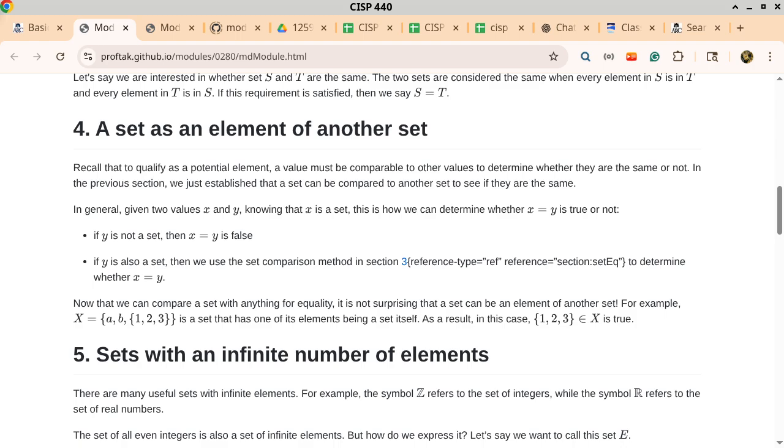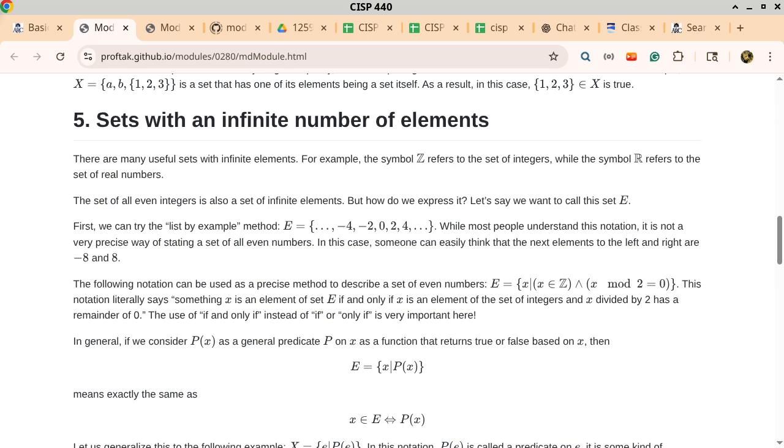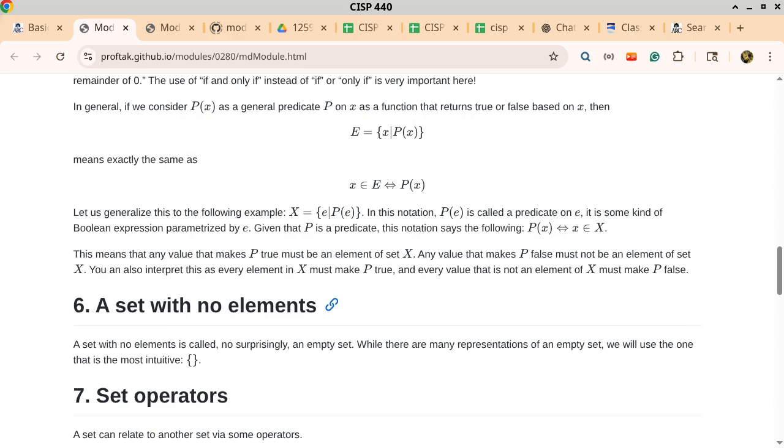There's no such operator defined up to this point. It's only at the top level. All right. So are we good with that? Okay. Now we move on.